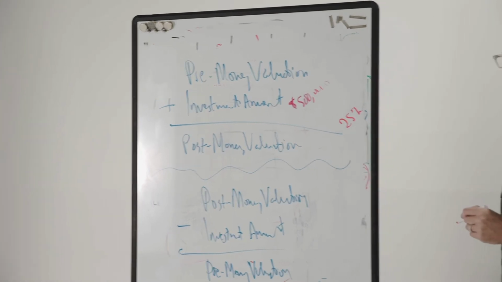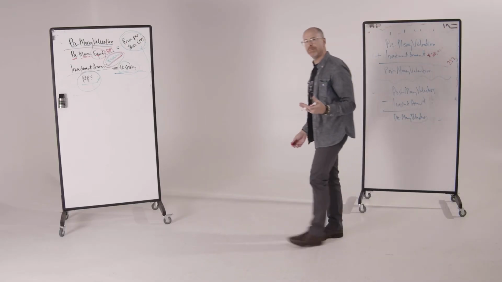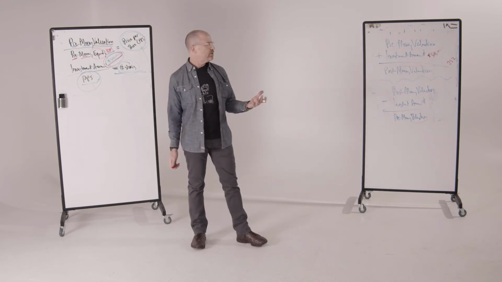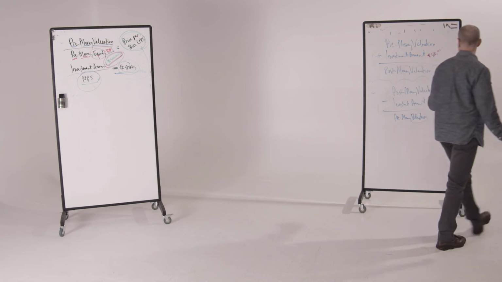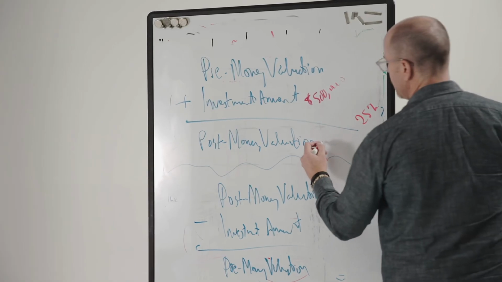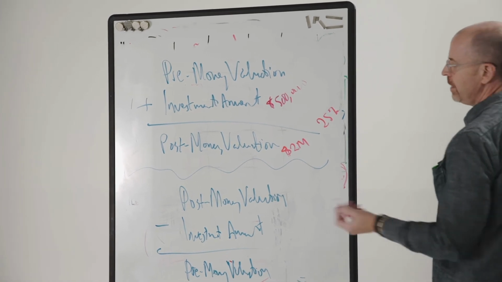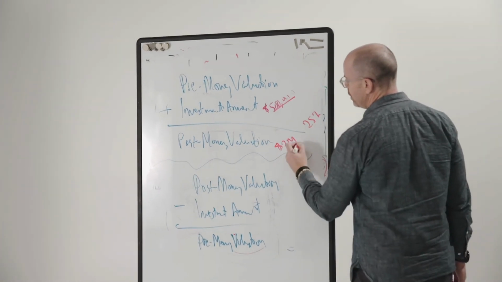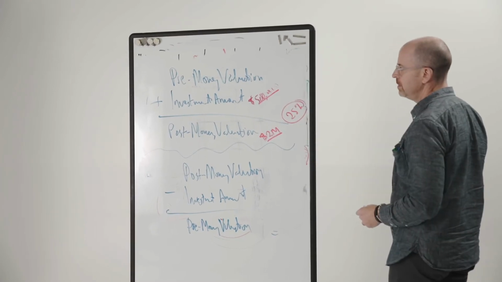And I say, okay, if you're buying 25% of the company for $500,000, I can do that math in my head. Thanks for making it easy. My post-money valuation is $2 million. How do I know that? $500,000 divided by $2 million, 25%.